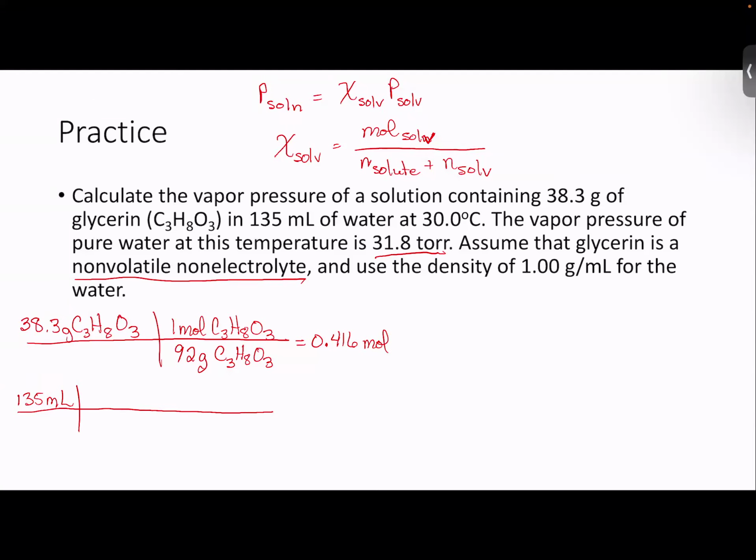First thing I'm going to need is the density of water in order to get that into grams of water, and then I can use the molar mass of water to convert that into moles of water. Which is 7.5 moles of water.